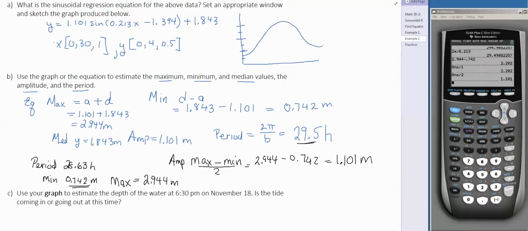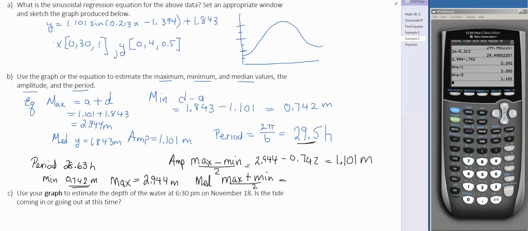So our equation represents that. Now we can find our median line by taking our max. This time we add the minimum and then divide it by 2.